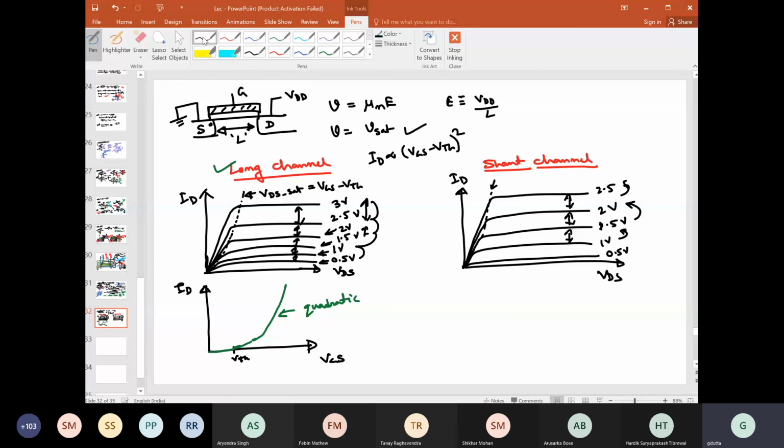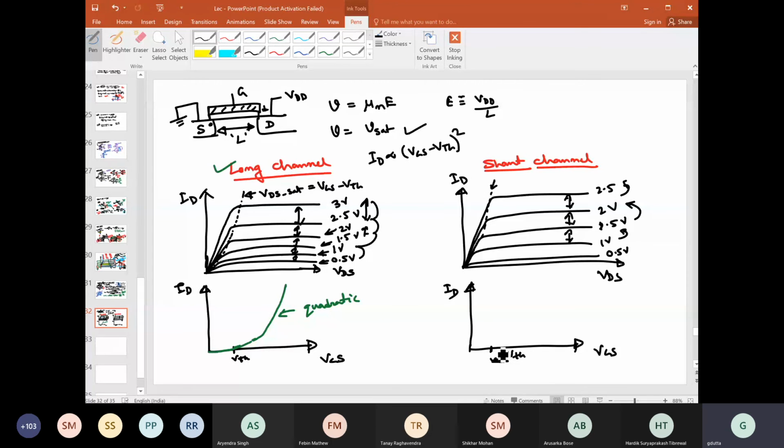Whereas if you have to plot the same thing for the short channel case, this is the same VGS. Again, this is threshold voltage. We are now not comparing the threshold voltage between long channel and short channel, but it has to also change, because as you are scaling this L, you have to also scale the thickness of this, so the threshold voltage is also bound to change.